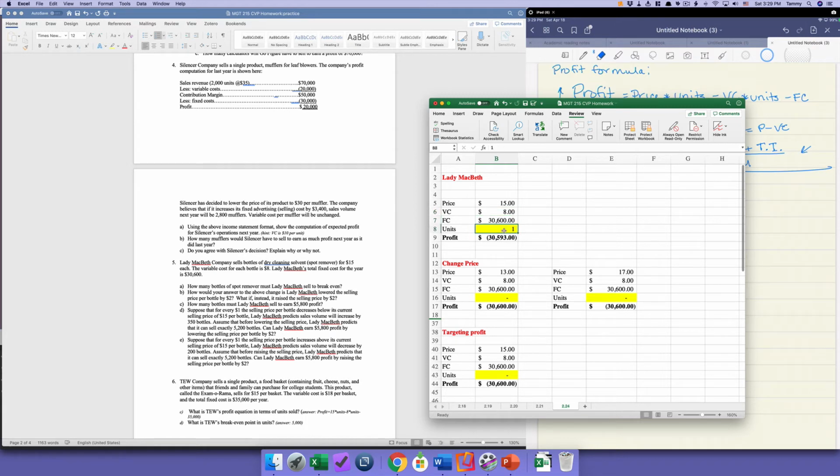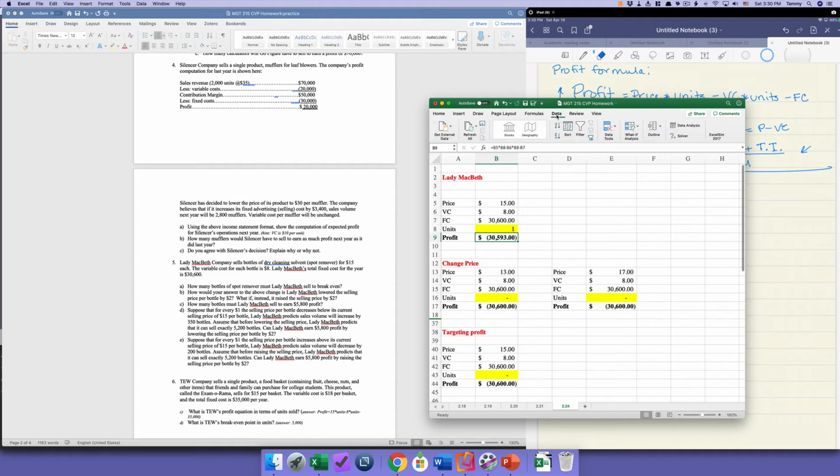We don't know what our units are. We're going to solve for this, and our profit equation is set up as price times the units minus variable cost times the units minus the fixed cost. So we want to get this profit equal to 0, and that'll give us our break-even number.